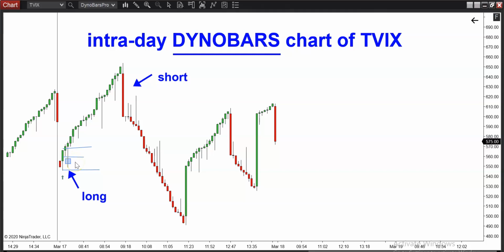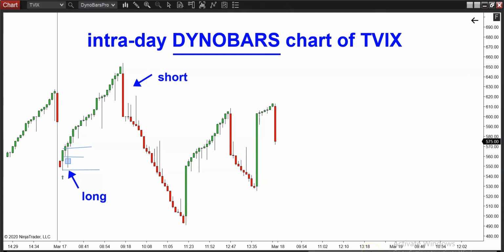But check this out. If I drive your attention to the y-axis where the approximate fill happened, $550 a share. Easy enough. Now, check out where this thing ran to. Can you see the y-axis again on the high, the very last green bar here? This thing touched 650. It moved $100 per share in 1 hour.